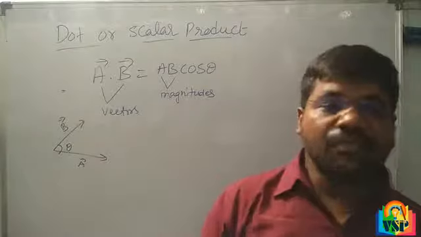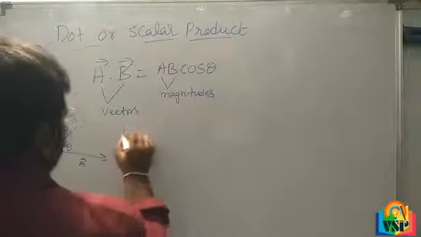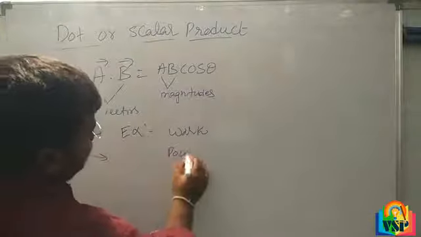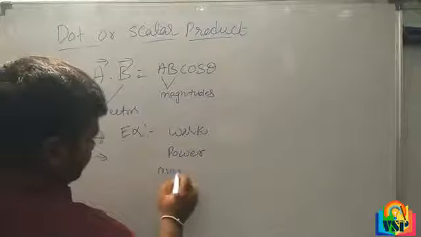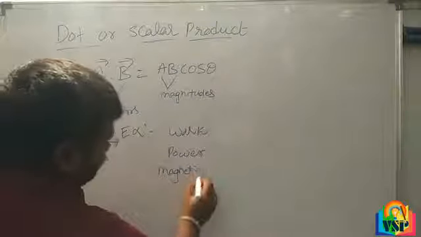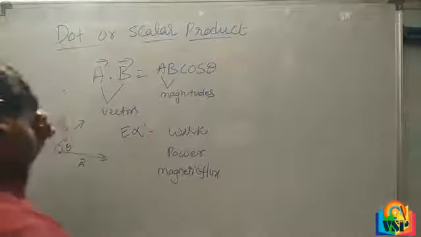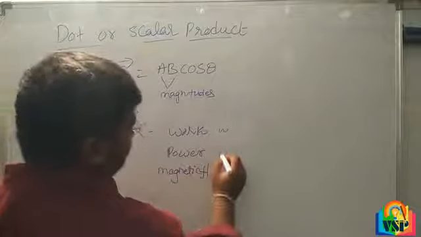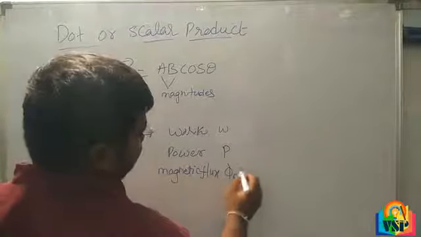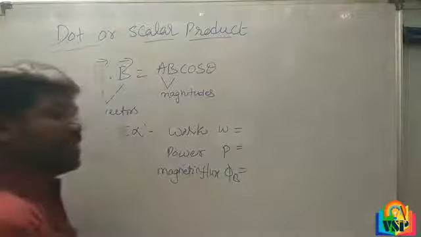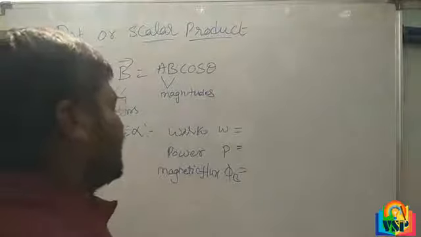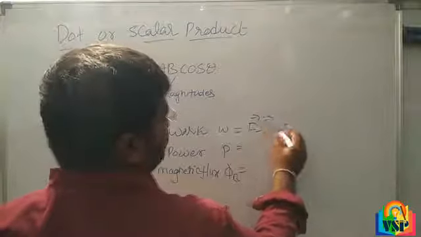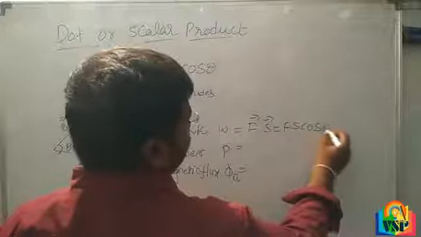Understand, examples: work, power, magnetic flux. Work is denoted by W. It is a scalar, but it is the product of force vector and displacement vector, Fs cos theta.